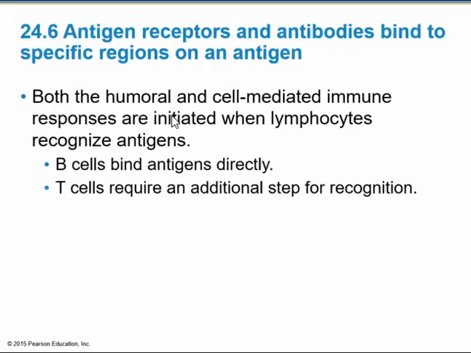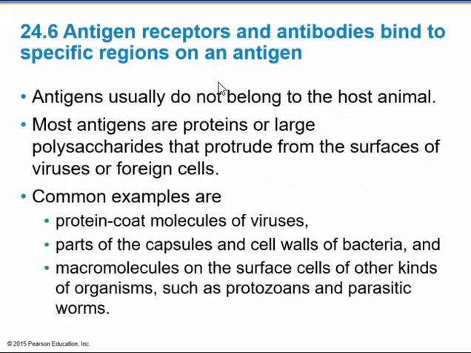Alright, both responses are initiated when lymphocytes recognize antigens. B cells bind the antigens directly. T cells have to undergo an extra step to recognize antigens. Well, a couple of things to keep in mind. The antigens usually do not belong to the host animal. Mostly they're proteins or large polysaccharides that are attached to viruses or foreign cells.